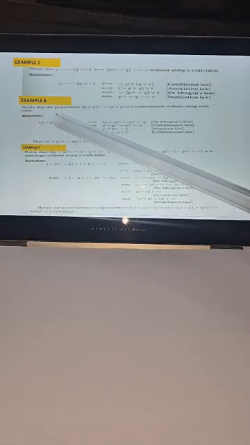Now you use De Morgan's law for this one, so I get negation P and negation Q. Here all the operators are AND, so I can remove the brackets, and then using the commutative law, finally you get the answer as 0.